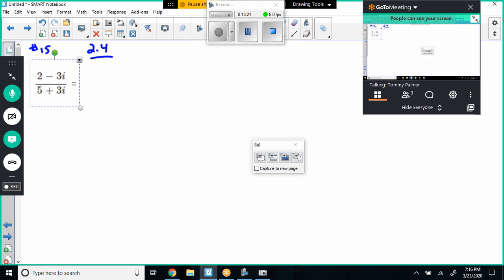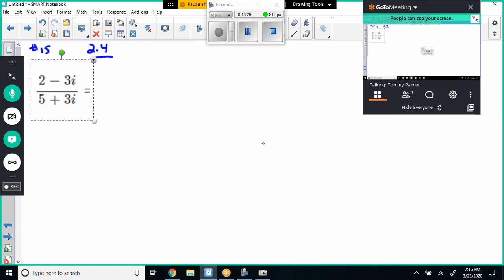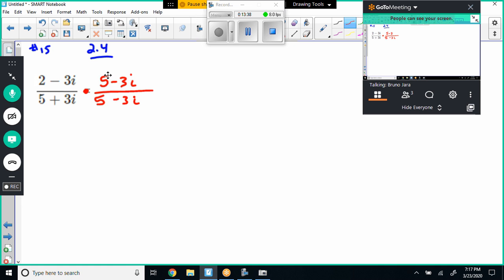All right. So what we've got is a complex number in the denominator, and we can't have that, right? So what they want us to do is multiply top and bottom by its conjugate. Well, it's the conjugate of the denominator, right? What you're creating is what's called a difference of squares.